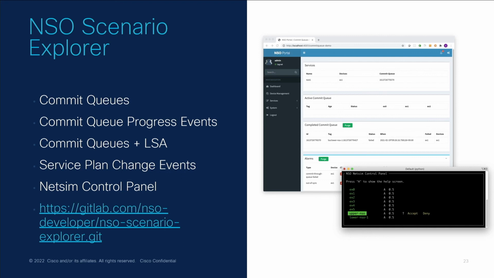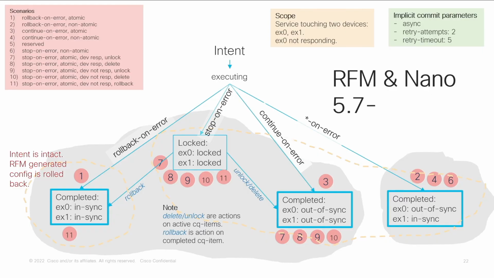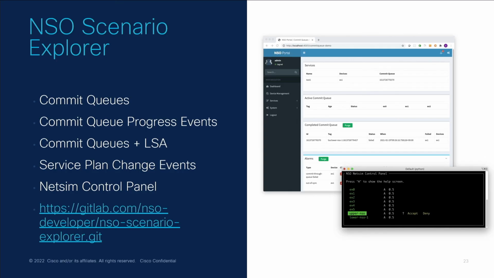Let's get back to, I will just mention the NSO Scenario Explorer. During my work with commit queues, I came up with some scenarios, so that's why we have these numbers. If you're interested in investigating and learning and discovering the behavior of NSO when it comes to commit queues, I recommend having a look at the NSO Scenario Explorer.